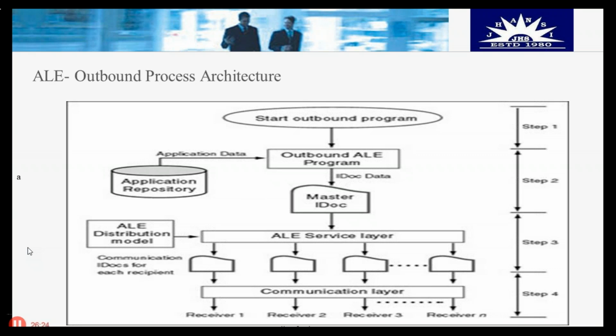But if you observe, there are 4 different communication IDocs here. Each communication IDoc is prepared for a different receiver. There can be multiple receivers, but at least one receiver is mandatory. In the scenario on the screen, which has 4 receivers, each receiver will get one communication IDoc according to what is required for that particular system.